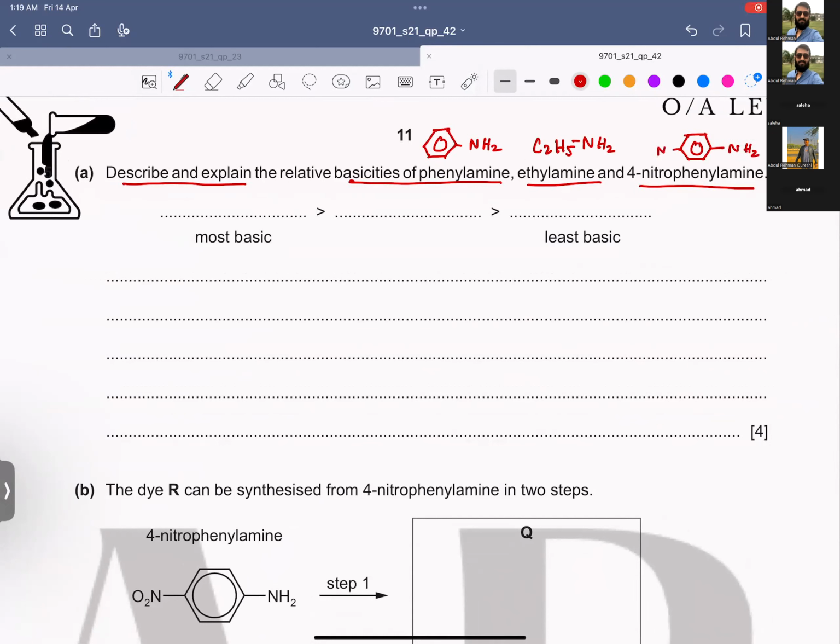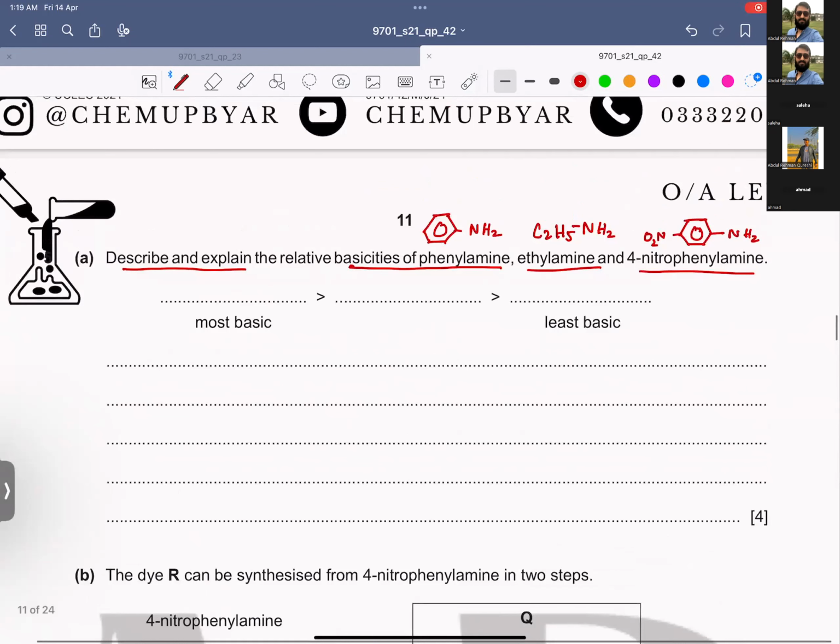So basicity, if you recall, depends upon availability of lone pair. If a compound has a lone pair more readily available, then it is a stronger base, right? Because it can readily accept the H positive ion by sharing that lone pair.